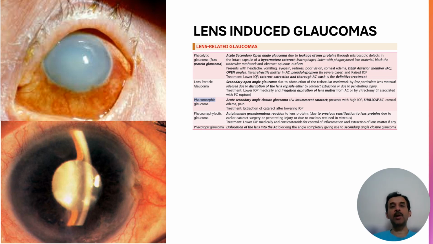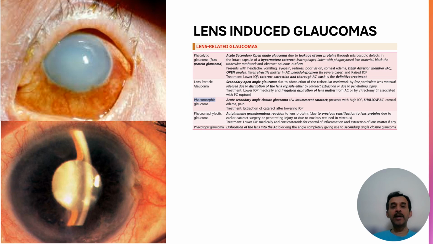See, when does a phacolytic glaucoma occur? It occurs in a hypermature cataract usually, and here the anterior chamber is very deep. It is also called lens protein glaucoma. From the lens capsule, the lens proteins leak out. These are engulfed by the macrophages, and these go and block the trabecular meshwork.